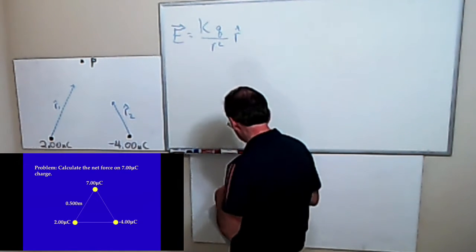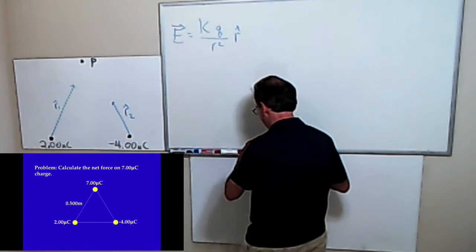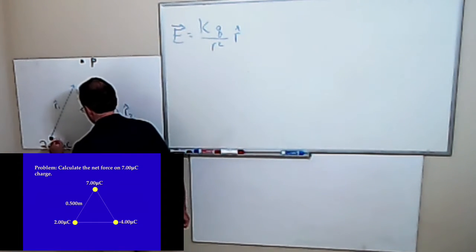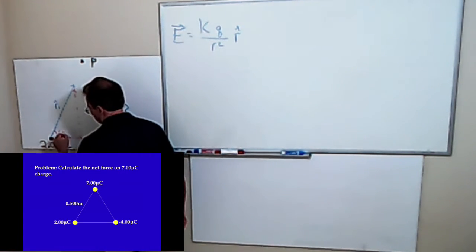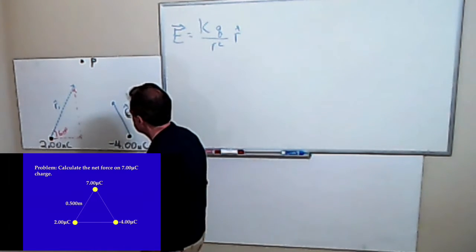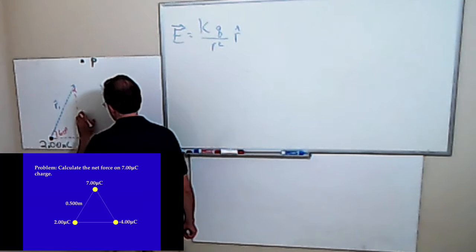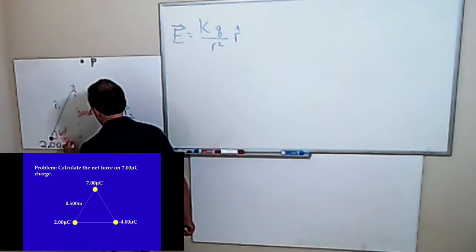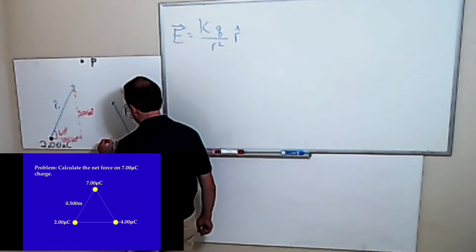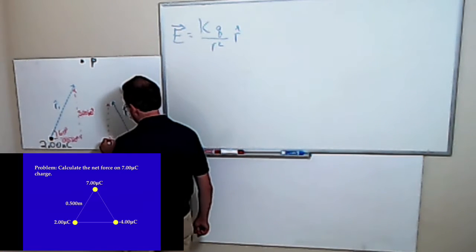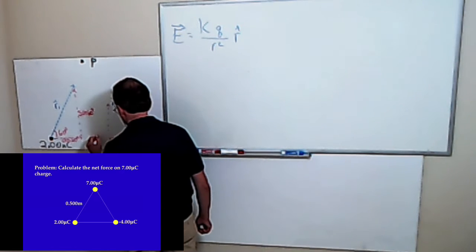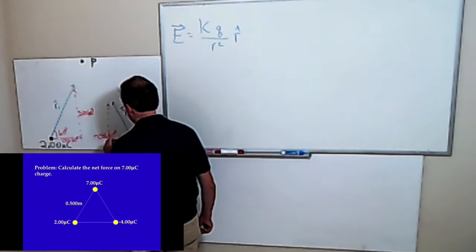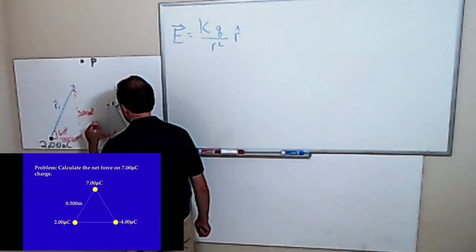We can easily find their components, x component and y component. Remember, it's an equilateral triangle, so all the angles are 60 degrees. So this is sine of 60, cosine of 60, same thing here. The only thing is that the x component is in the negative x direction, and the y component is in the positive direction.